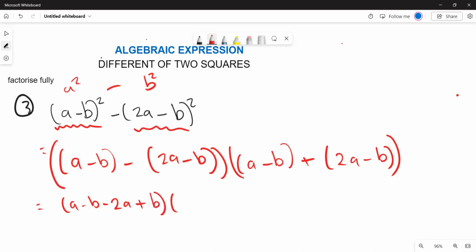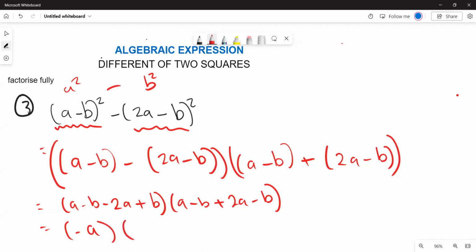And the other one is going to be a subtract b plus 2a subtract b. You can still simplify this. You have a subtract 2a, which is the same as your negative a, and b plus minus b. Remember, this is negative b, and because of this negative it was also altered, so this is going to be only negative a.